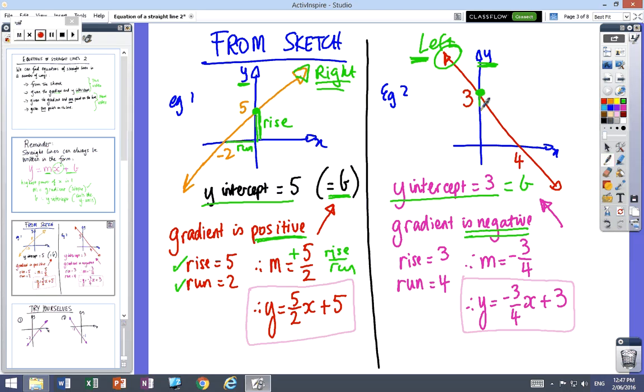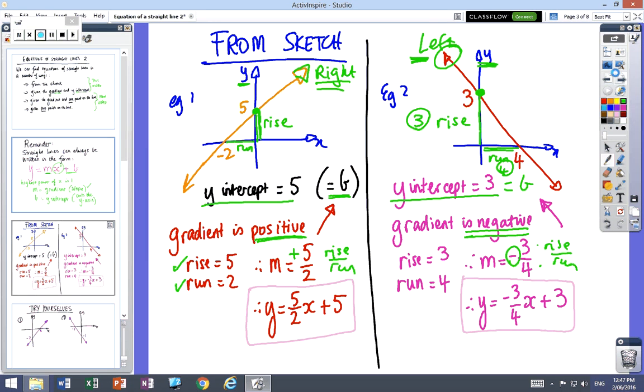That number there is the rise, which is 3, and across the bottom is the run, which is 4. So it's 3 over 4, rise over run, but we say it's a negative 3 over 4 because it's going to the left. So the equation is y equals minus 3/4 x plus 3.